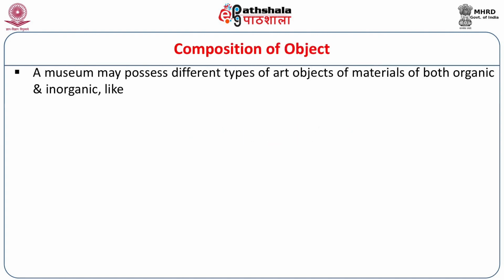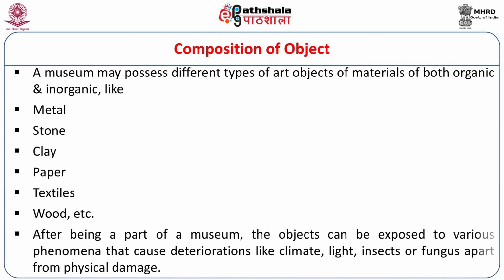A museum may possess different types of objects that may be organic, inorganic, or composite, such as metal, stone, clay objects, paper manuscripts, palm leaf manuscripts, textiles. Textiles may be of different types: cotton textile, linen, silk, woolen garments, etc., thanka, beadwork, wooden objects, basketry.